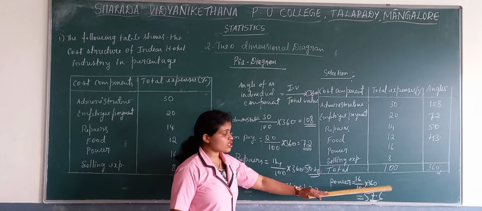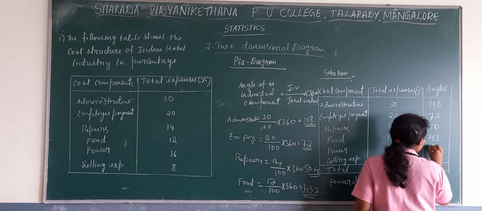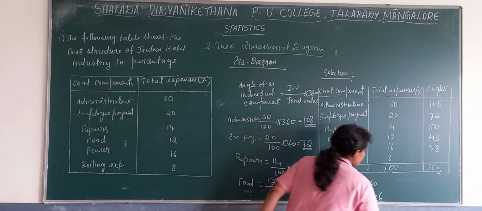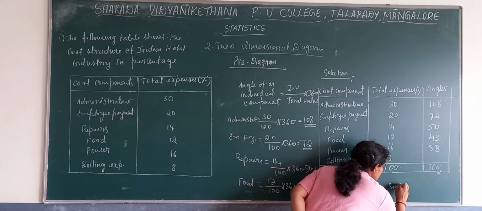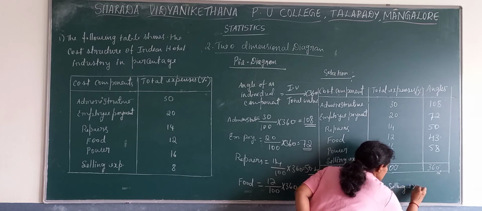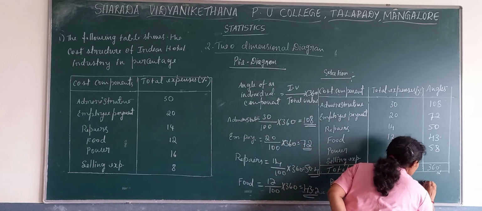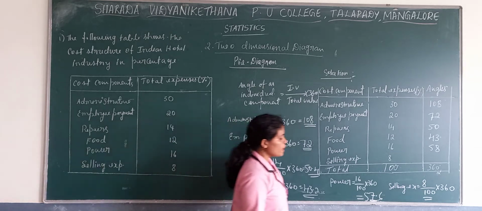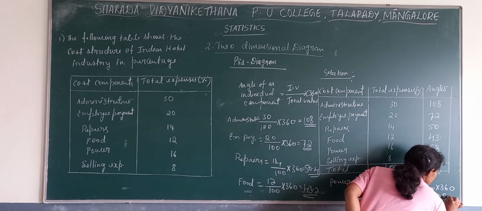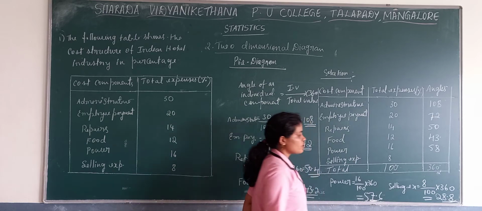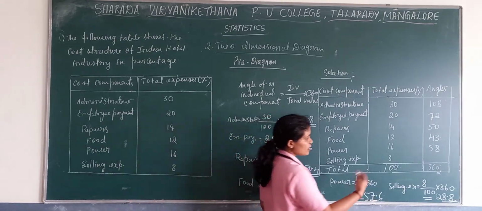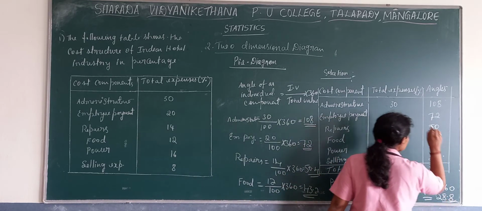Here the digit after the decimal is 6, so we can approximately take it as 58. And the last one, selling expenses, is 8 by 100 into 360. We get 28.8. After the decimal, the value is 8, so approximately we can make it 29.